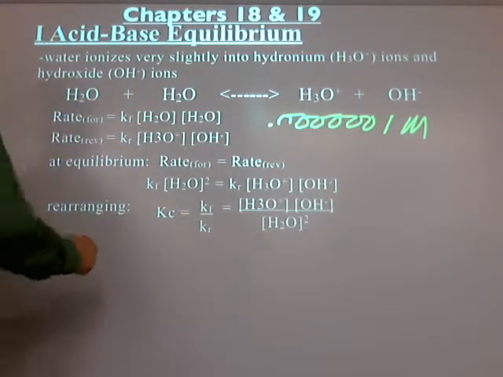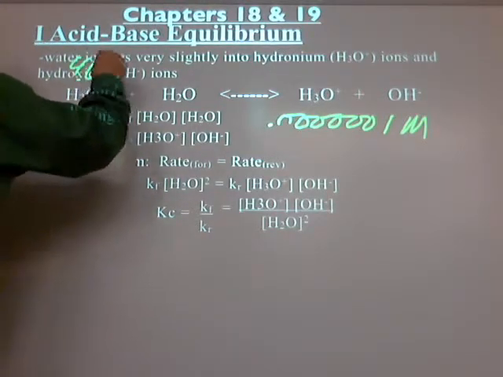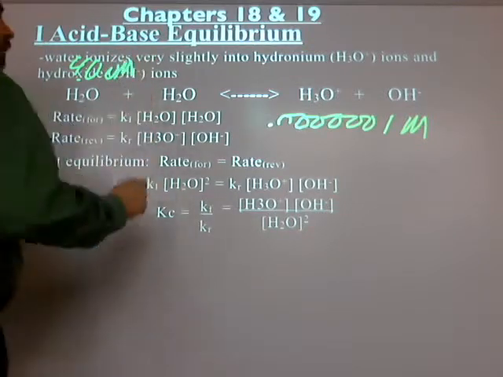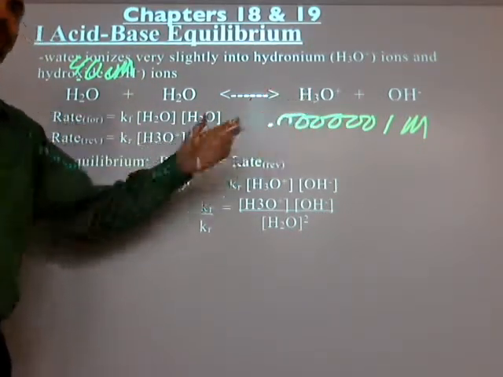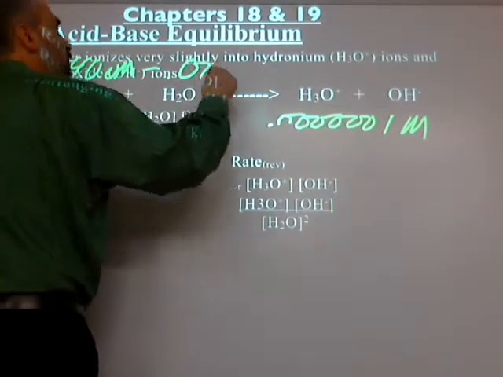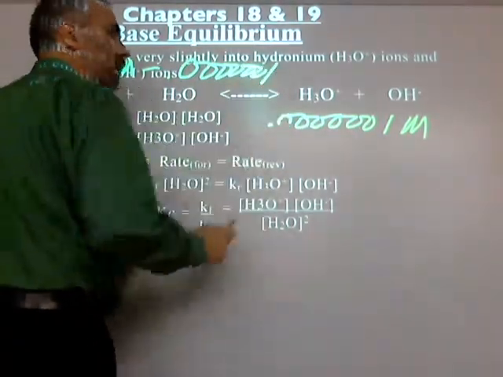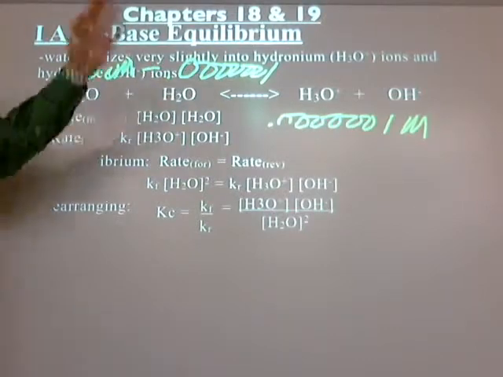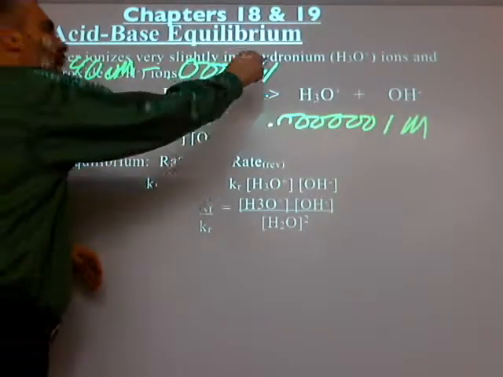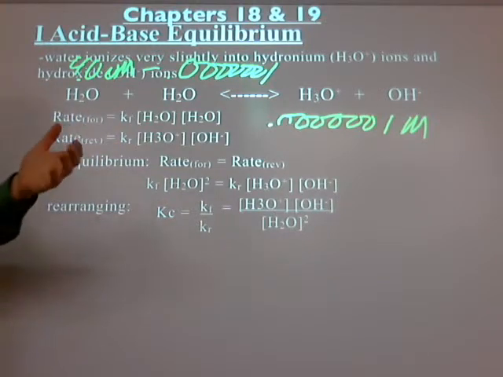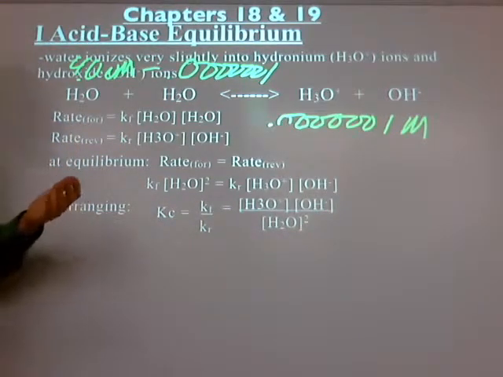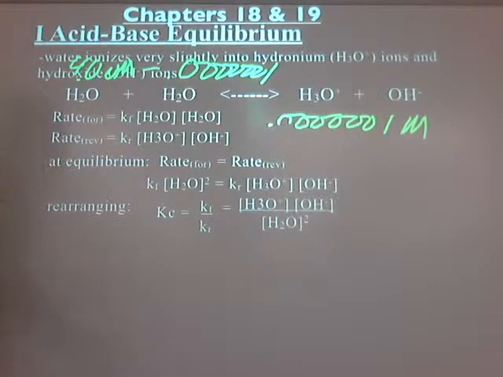Let's say I have 4.00 molar of water. If I subtract 0.0000001 or even 0.0000004 from that number, I'm going to get 3.9999999. Unless I have like 8 significant figures, it isn't even going to show up.